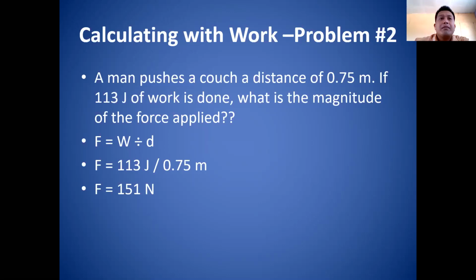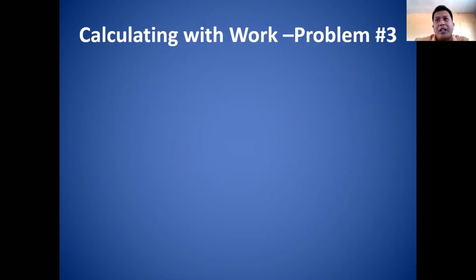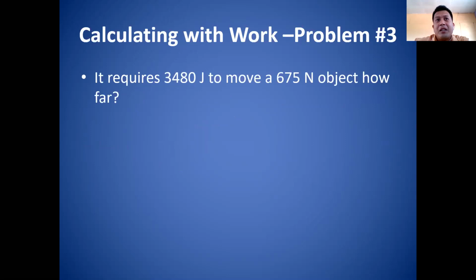Clarification? Okay, perhaps let's move to the next problem. This problem now focuses on the other unknowns. Given 3,480 joules of work required to move an object using a force of 675 Newton, how far will the object move?